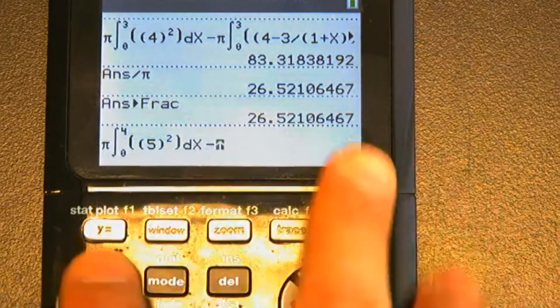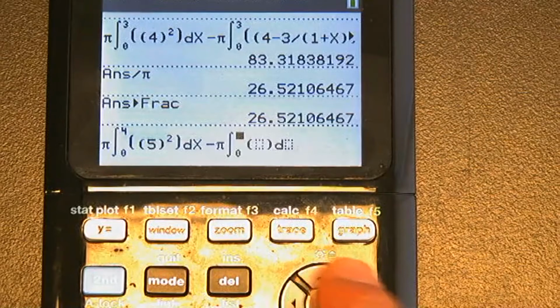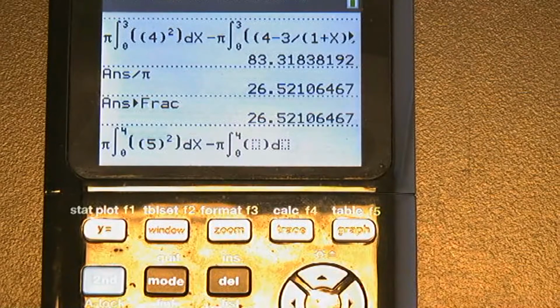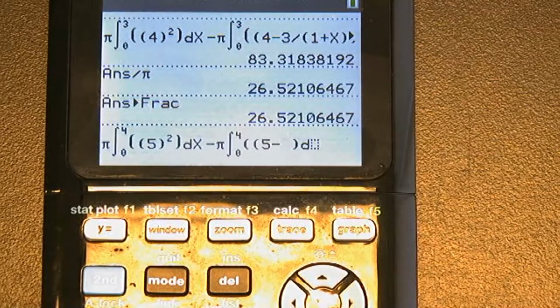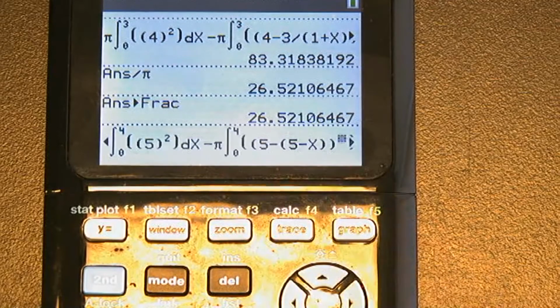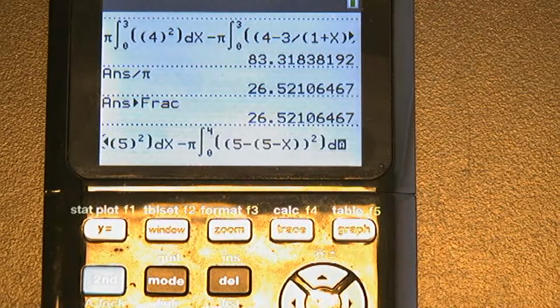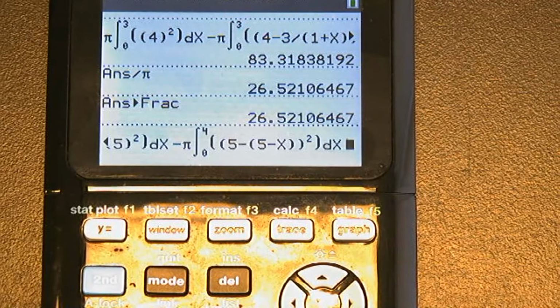So minus pi, integral from 0 to 4, 5 minus y, and then all of that needs to be squared, integrated with respect to y.